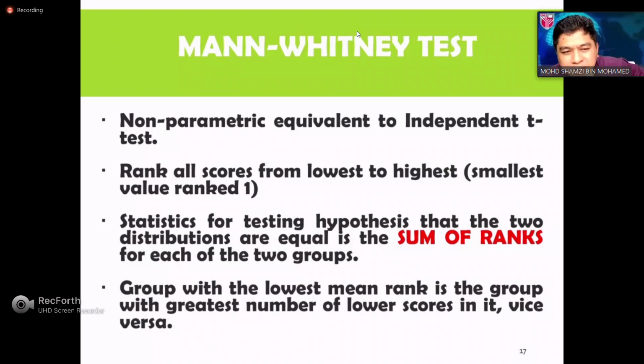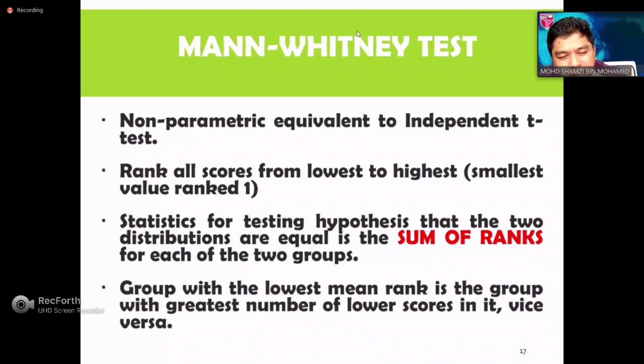Okay, so the Mann-Whitney test is the independent t-test equivalent. How do we conduct Mann-Whitney? We give rank to all scores from lowest to highest. The smallest value we put ranking number 1.